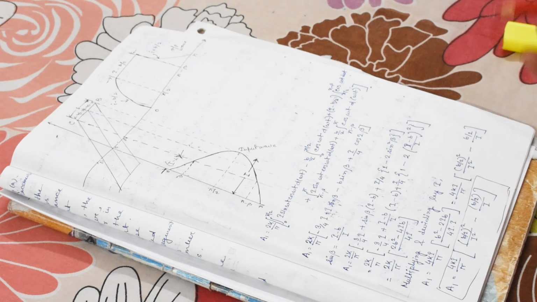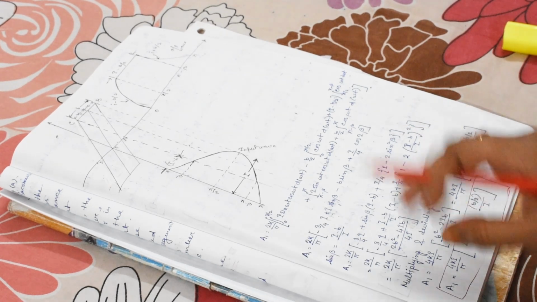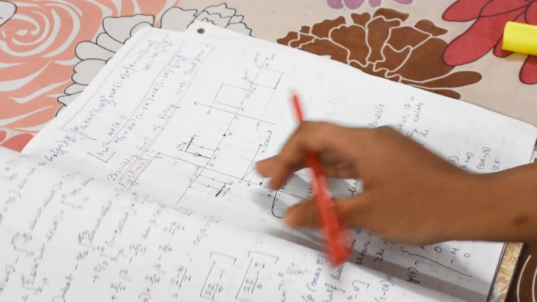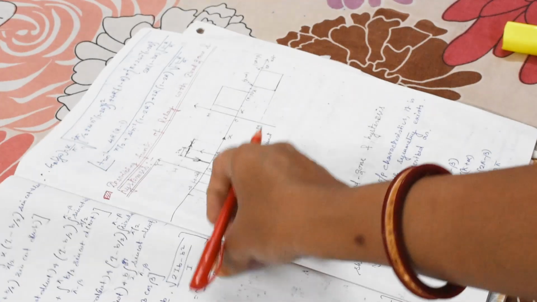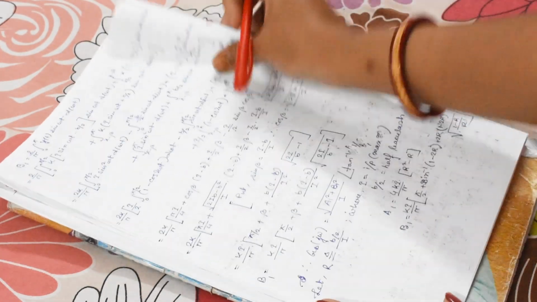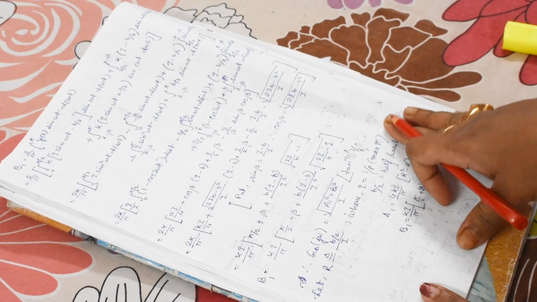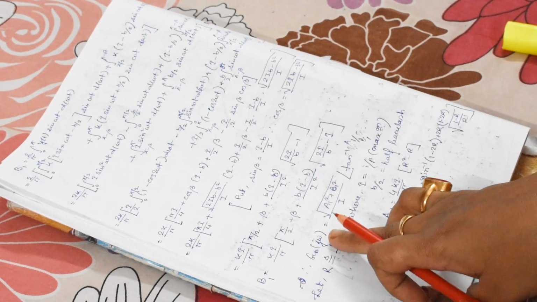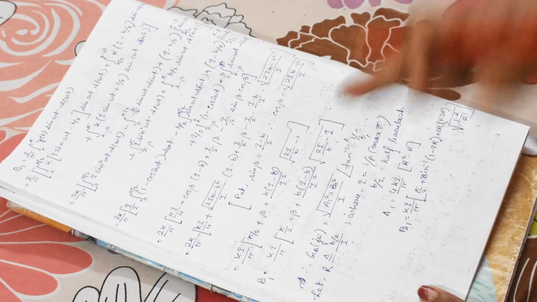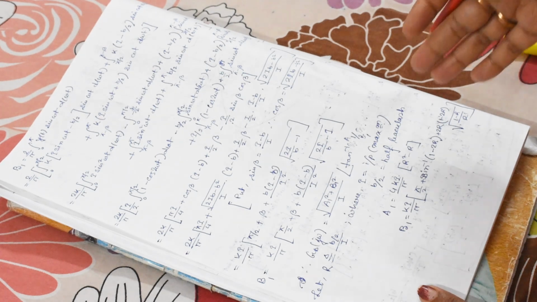I am skipping the calculation here, but it is fully done in your notes. And after finding the value of A1, we find the value of B1. And after finding B1, we find G_D(j omega), which is nothing but the square root of A1 square plus B1 square by I, at an angle tan inverse A1 by B1.